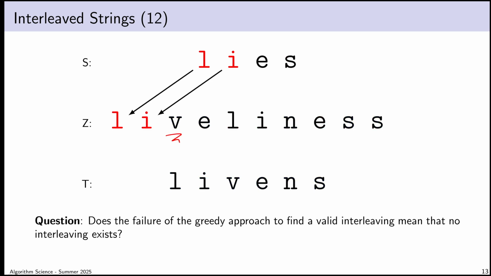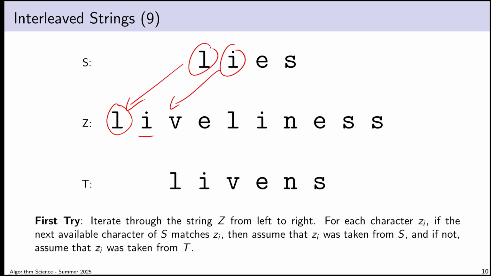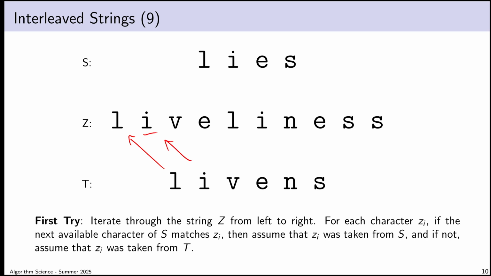So early in the algorithm, when I decided to pull in the first L from S, that was the wrong decision. I should have pulled in the first L from T. And actually, you can try this out: let's go back to the blank version of the exercise. If I had pulled in the first L from T, everything else would fall into line. That is, if I need an I, I have to take the I from T as well.